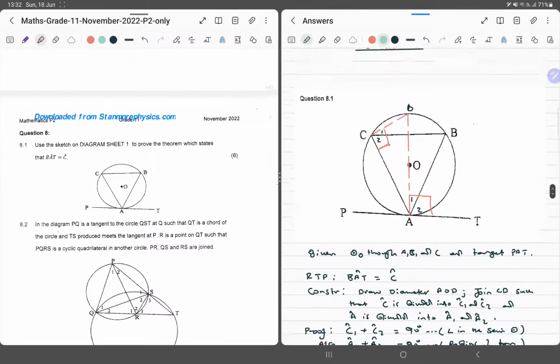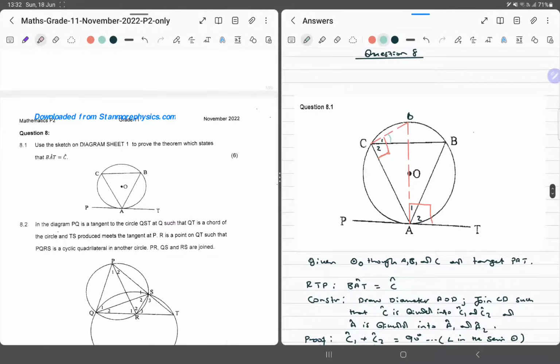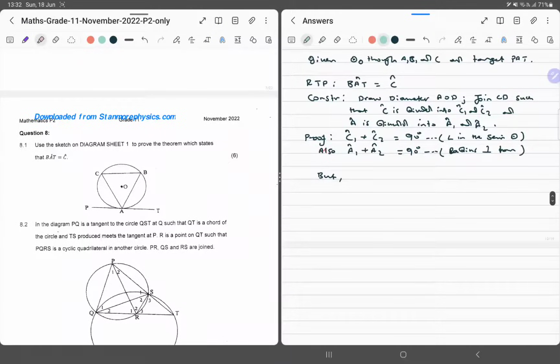We know that this angle is equal to that angle. How do we know this? These are angles in the same segment subtended by arc DB. All right, we see that. So we can say C1 is equal to CA is equal to A1.